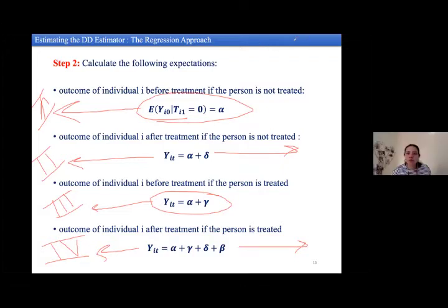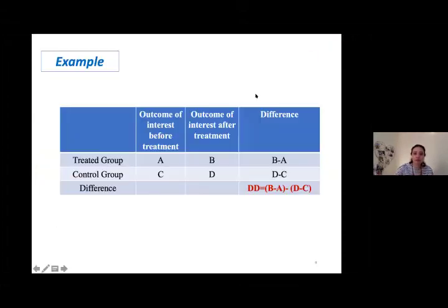So now, if I come back to my table, I have the outcome before the treatment and the outcome after the treatment for both groups. I calculate the difference between the two periods for both groups, and then I calculate the difference in this difference.